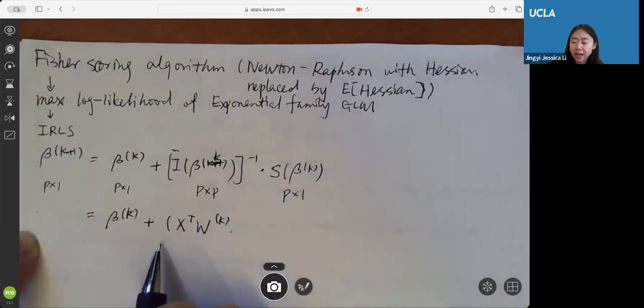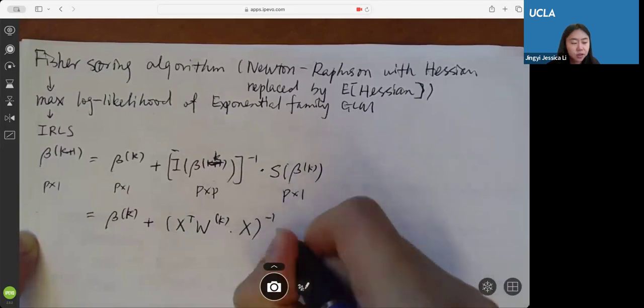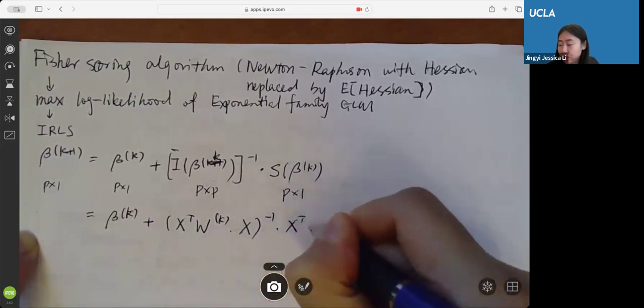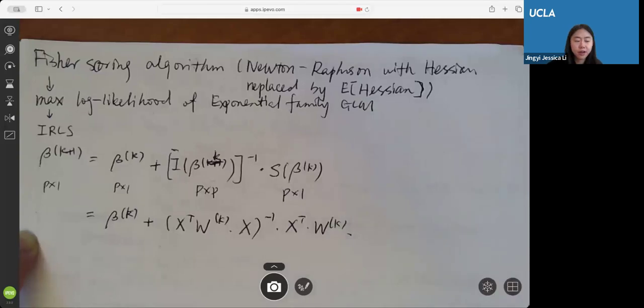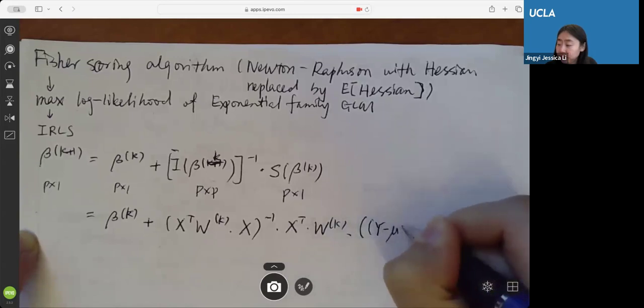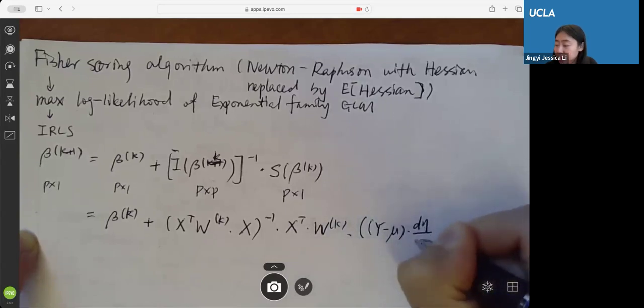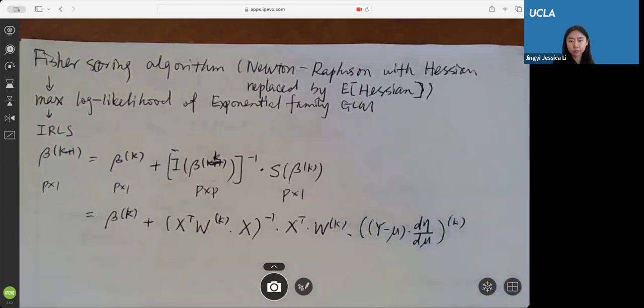And the design matrix X is fixed, so it doesn't update. Times X, inverse, times X transpose times W_k times a vector. And for the vector, we give it a notation. We write y minus mu times d eta d mu. So this is the whole thing at the kth value. So that's what we have.